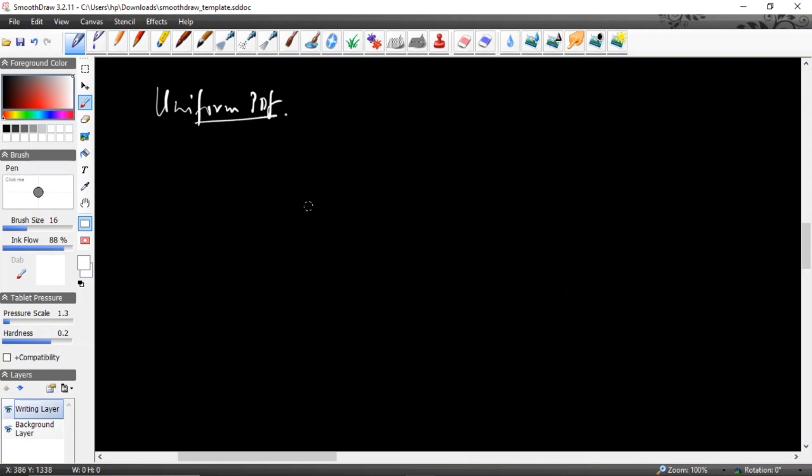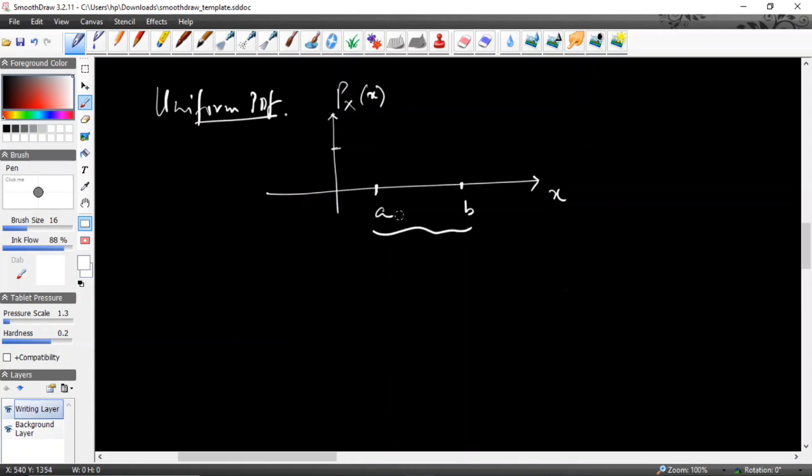So for the uniform PDF, if I say you have a continuous random variable and the values which the random variable x can take lie between a and b, and this random variable has a uniform PDF, then the probability density of x is the same between a and b.